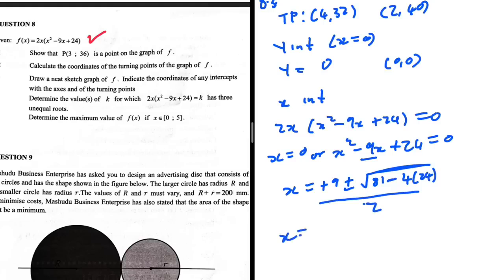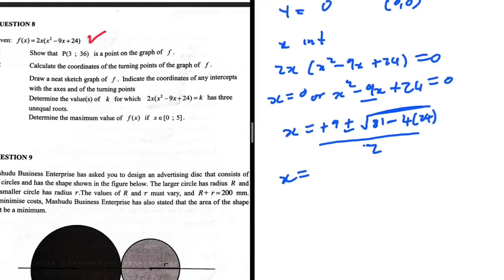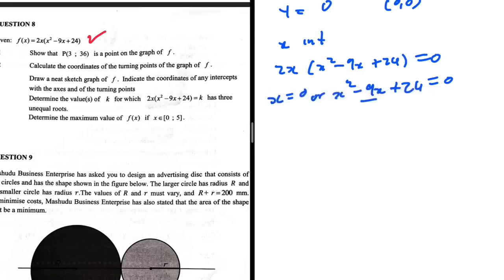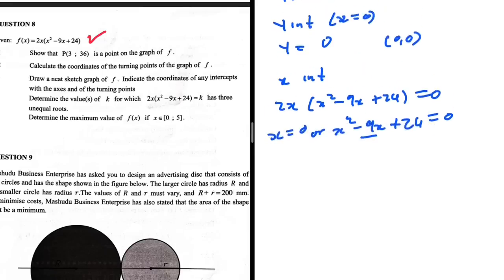Let me substitute that in my calculator: 81 minus 4 multiplied by 24. Issues are arising here. This gives me undefined. So I don't think we have any other intercepts here, because this gives me undefined.